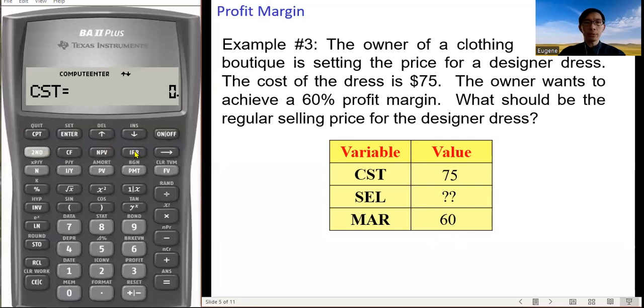Key in the variable using the calculator, the variable CST, $75. Enter. Press the down arrow, we get to the variable SEL. We need to compute this variable, so we skip that. Press the down arrow again. Key in the value for MAR, which is 60. Press enter.